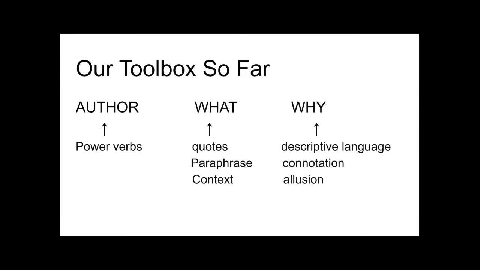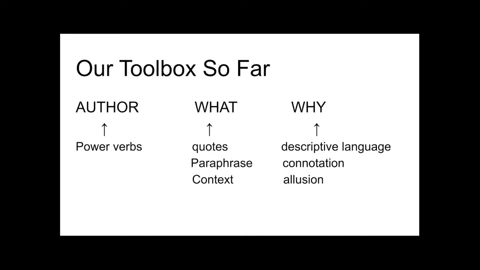Our toolbox so far for writing rhetorical analysis, I have it broken down into these three sections. When you talk about the author, you want to be using power verbs, because what you're ultimately doing is saying, here's what the author is doing.